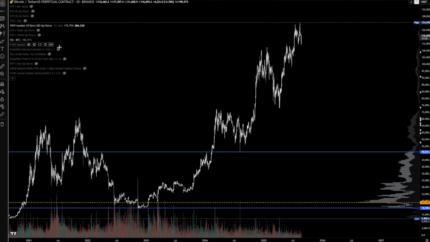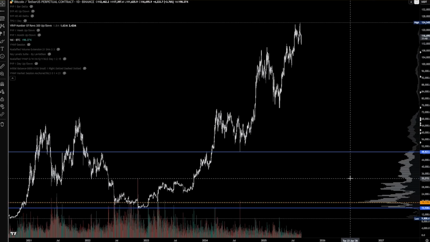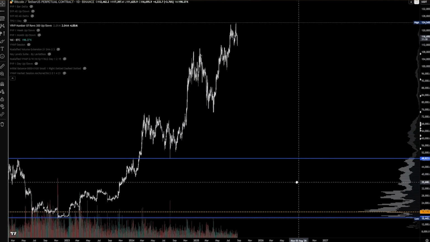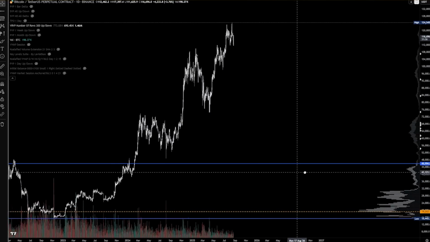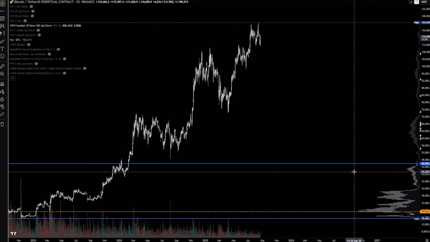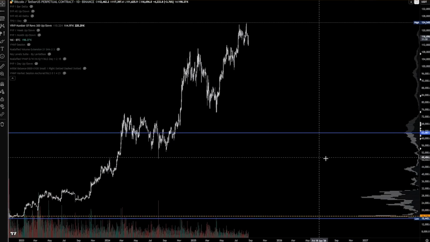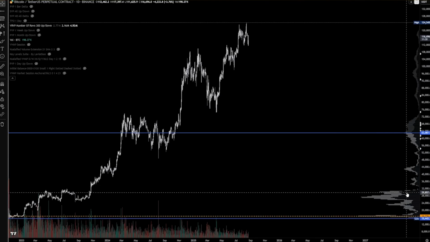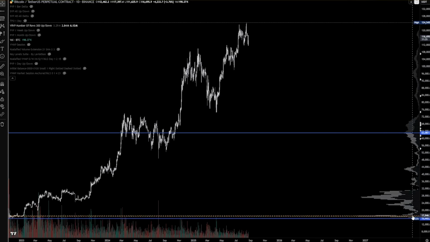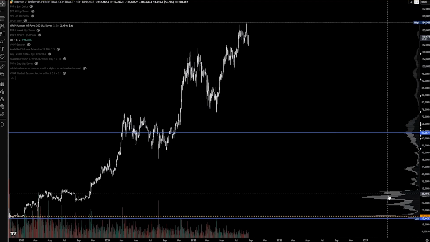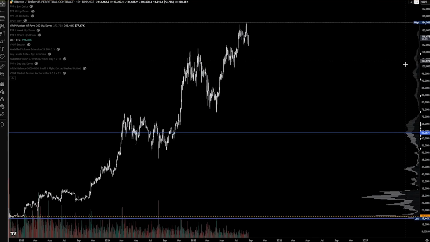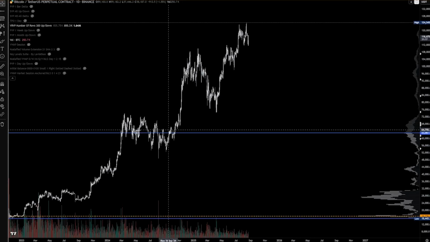So first we're going to look at visible range volume profile from the bottom, wherever you have on the screen, it'll calculate. Notice how there's a difference in volume at the lows from at the highs, even though it's not really that different in the amount of time that was spent.